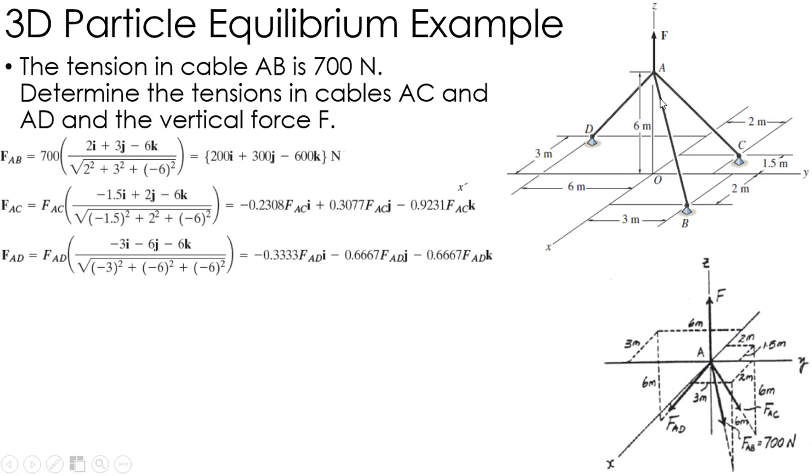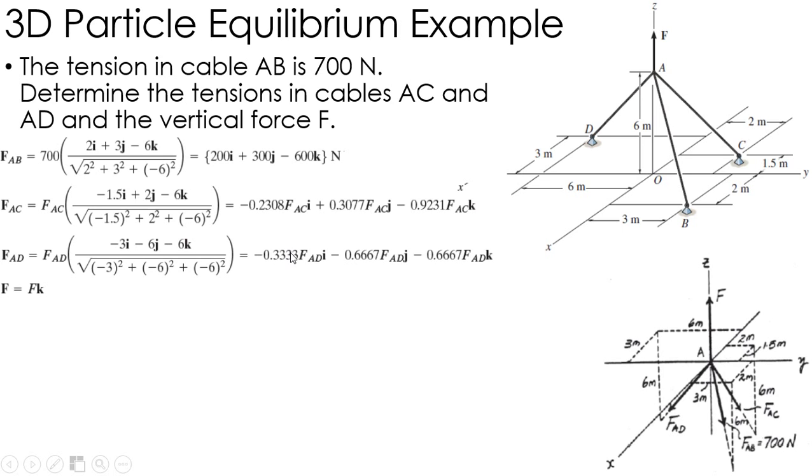Do the same thing with AD. Going from A to D, I go -3 in the x, -6 in the y direction, and -6 in the k direction, which essentially gives me a -1/3, -2/3, -2/3 unit vector. Multiply that by FAD, and I get this force vector.